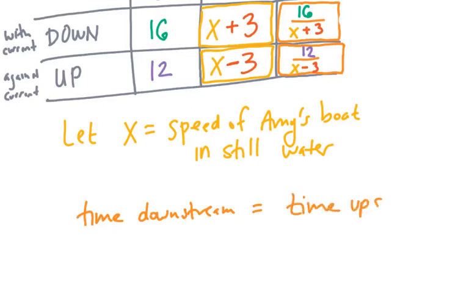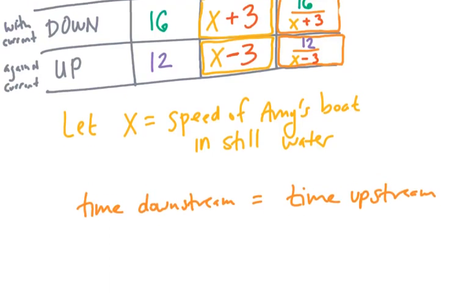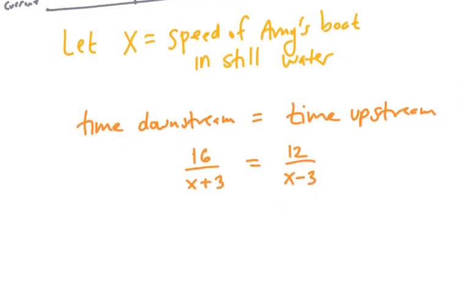And then I'll fill that in with our symbolic representation for each. So we had stated a moment ago that time down could be expressed as 16 over x plus 3. Time up could be expressed as 12 over x minus 3. And what do you know? We have a nice rational equation, right?